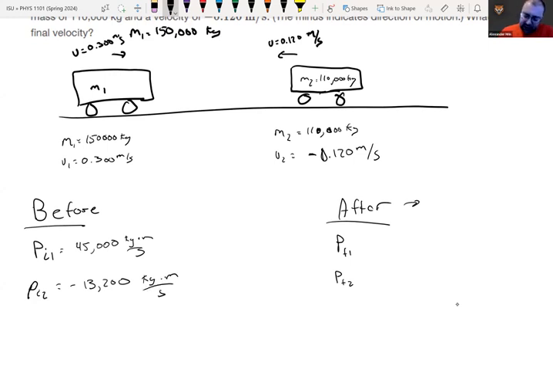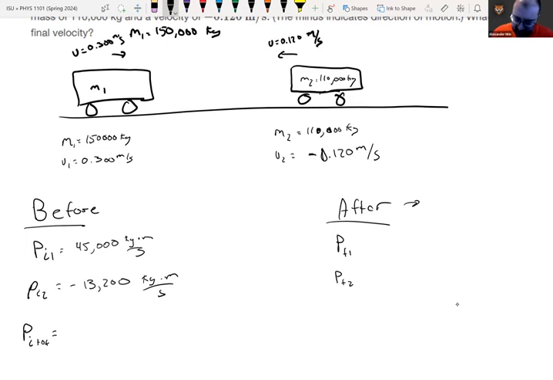So now, in the before category, we can find the initial total momentum. If we're going to analyze the system, we have to combine the momenta of the two colliding objects in order to get the total momentum of our system. We need to include both of these things.